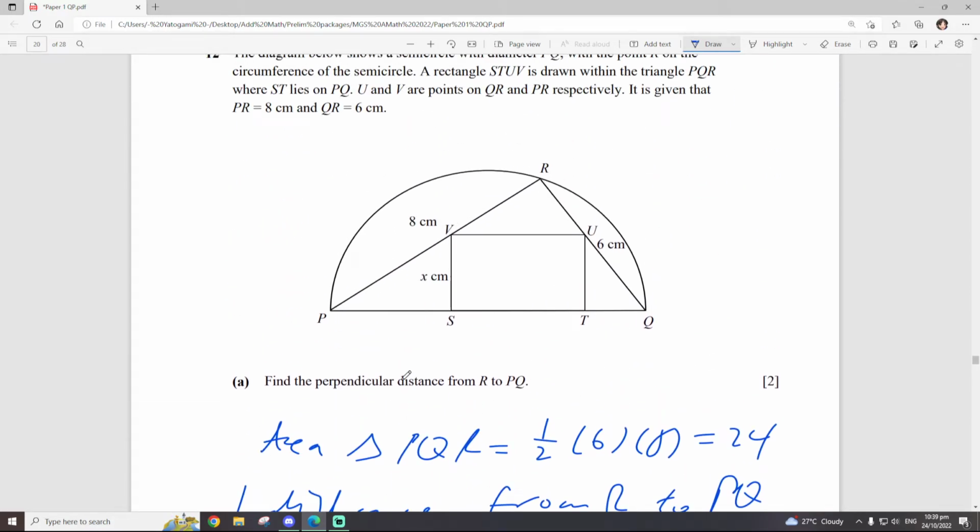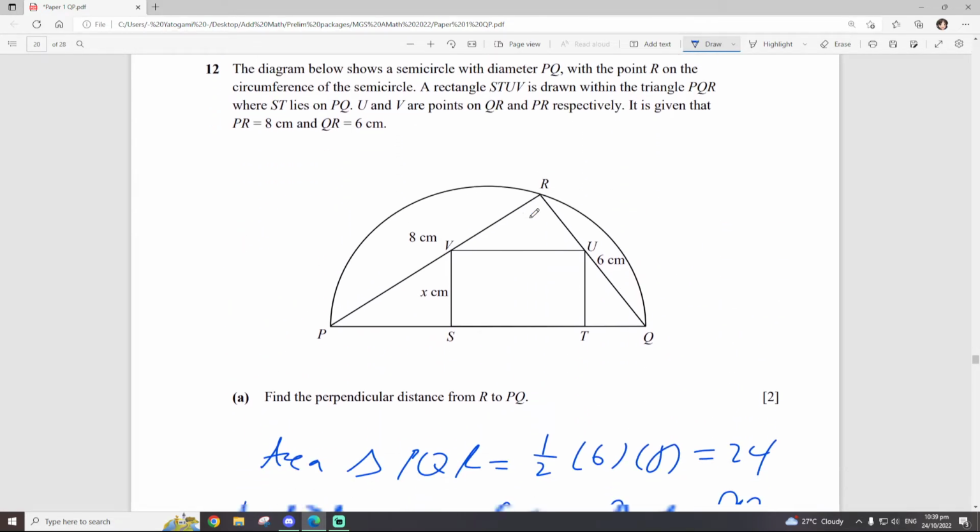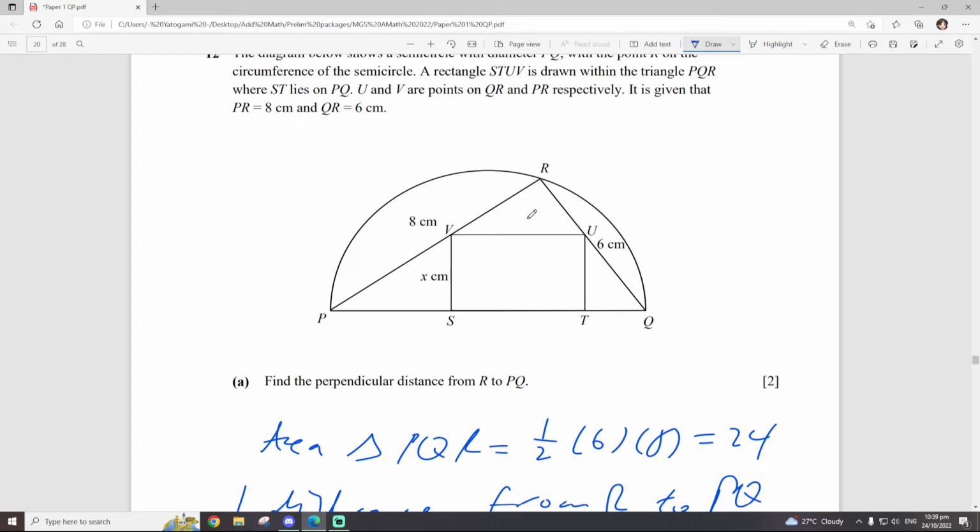Okay, so it's probably similar triangles. Yeah, it's similar triangles. So we know the perpendicular distance is 24 over 5. Let me just illustrate that. Okay, so what now?